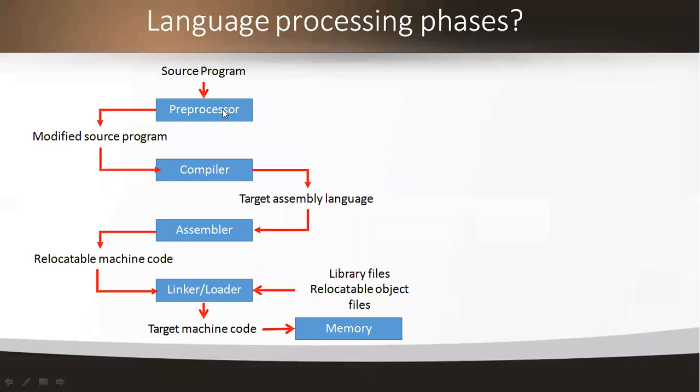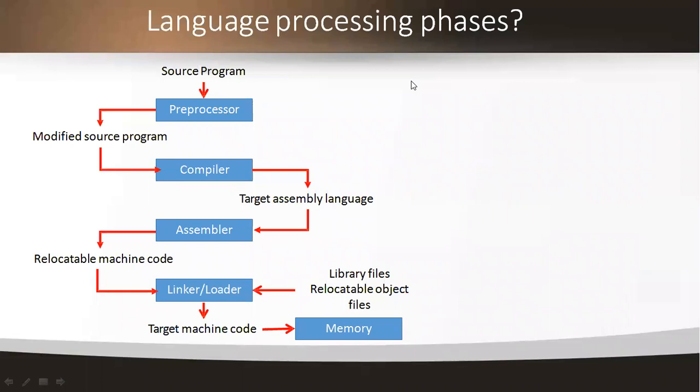And see here, in the structure, we have red mark arrow representations. The red mark arrow representation initially takes an input in the form of a source program, and after performing the preprocessing techniques, the preprocessor generates some output.